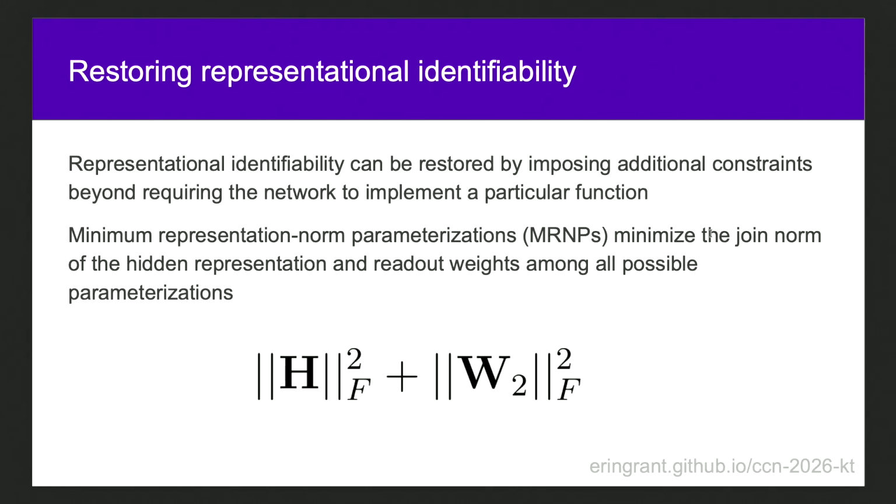These minimize the joint norm of the hidden representation and the readout weights among all possible parametrizations. So we now say you're only allowed to pick parametrizations for which this quantity is minimized. You have to make your representational activity as small as possible and simultaneously make your readout weights as small as possible. Obviously they can't go to 0, because then you don't implement the function anymore. So you have to find some kind of middle ground.